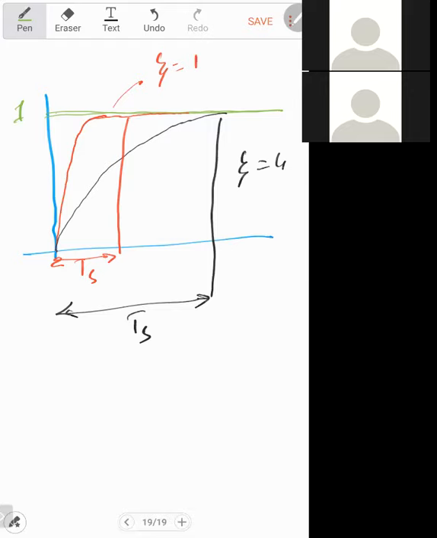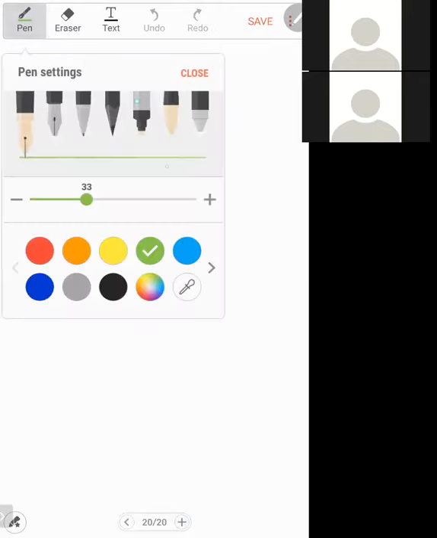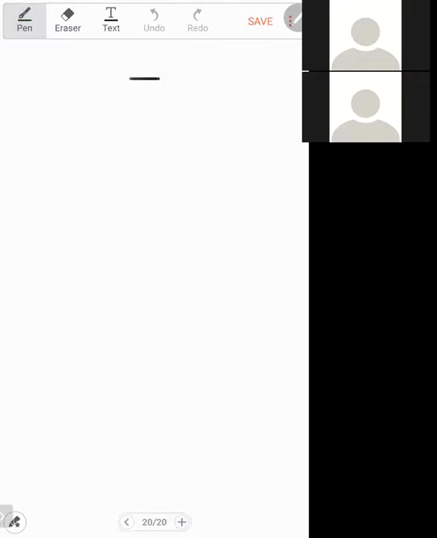Let us consider the third case. The third case is when we have zeta less than 1 but not equal to 0, because we know that when it is equal to 0, then the poles will lie on the imaginary axis, and then it is undamped, or you can say the marginally stable system, which is not a stable system.